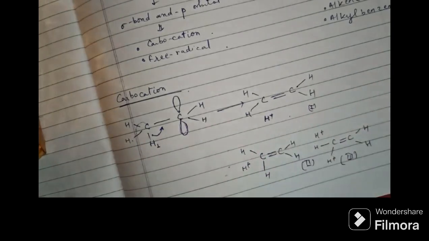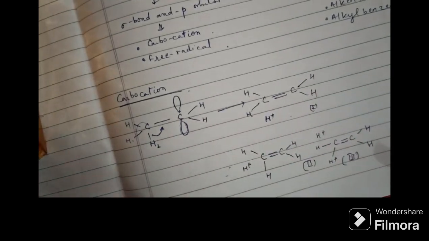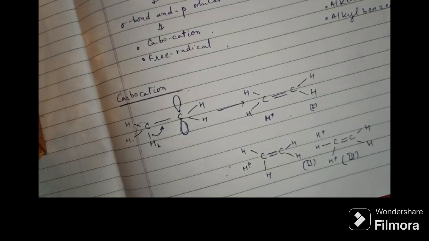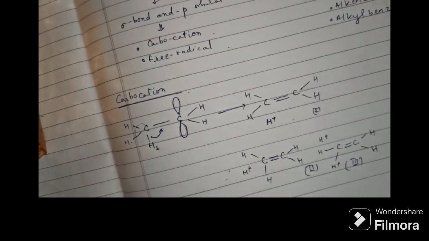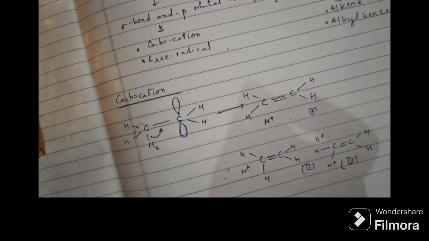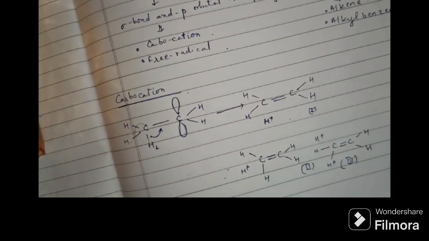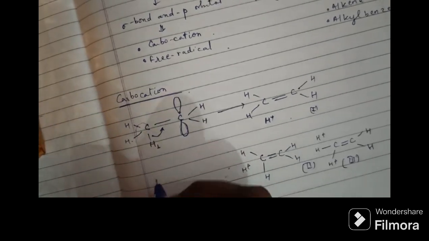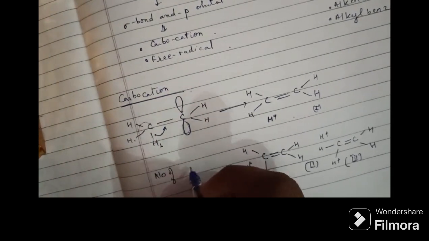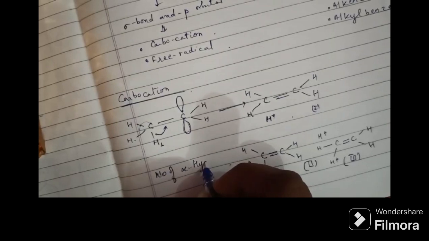Since all three structures are the same, the number of hyperconjugating structures can be calculated by the number of alpha hydrogens.